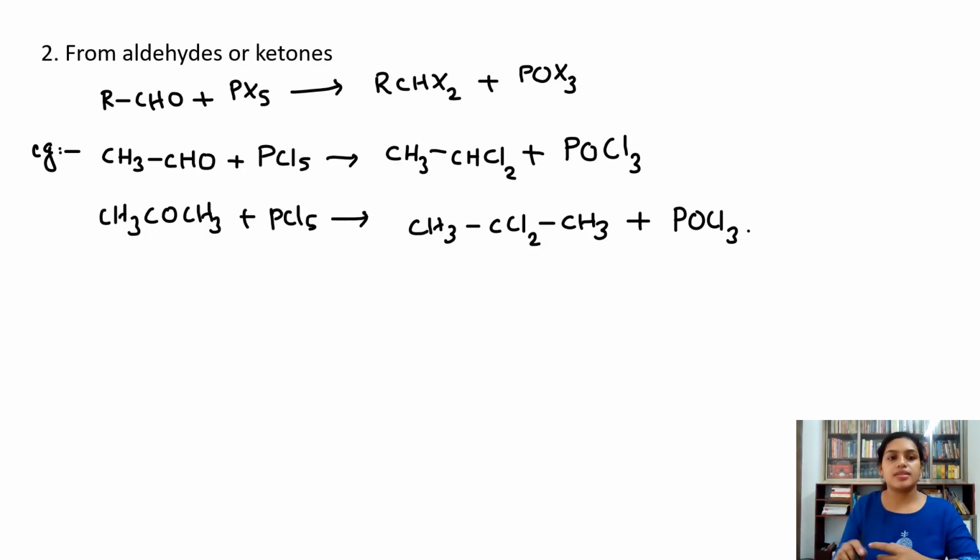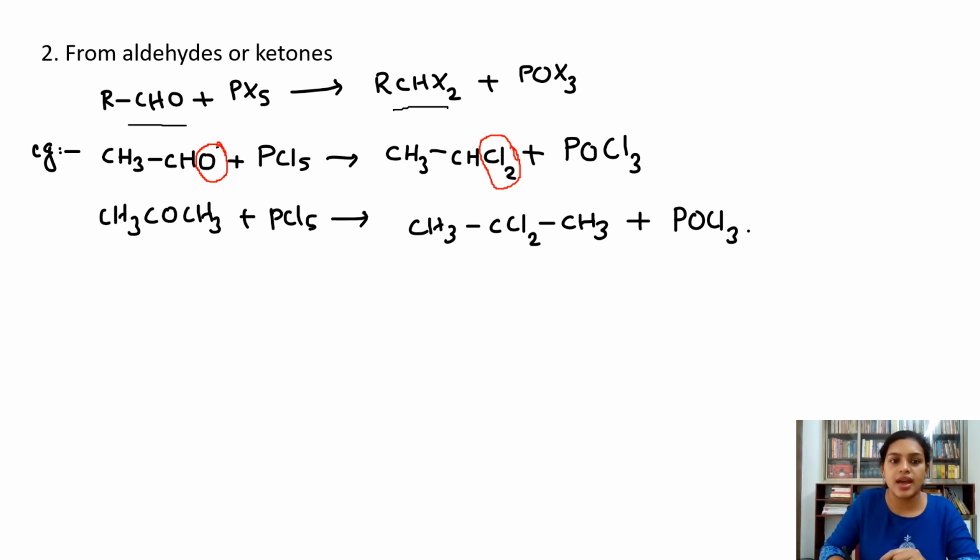And the second is from aldehydes or ketones. This is the general reaction given. RCHO will be converted to RCHX2. I have taken a specific example of acetaldehyde and PCl5. You can see here that instead of this CH double bond O, that gets substituted with 2 chlorine atoms.